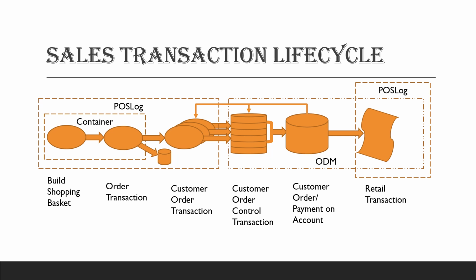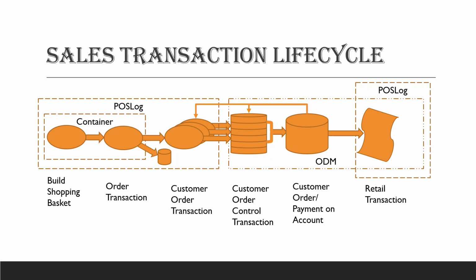And now we're looking at the individual transactions that were created in the CQRS model. These are handled independently in the POS log schema for messaging to communicate that to the backend systems. Each of these customer order transactions get stored in the data model as a customer order control transaction.